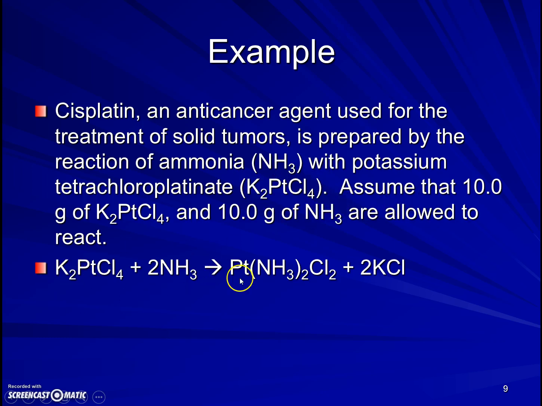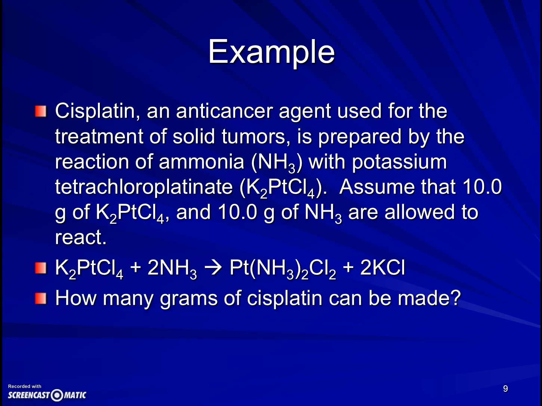If this is the balanced chemical equation then, and we have 10 grams each of our reactants, how much product can we make? How much of this cancer-relieving drug can we make?